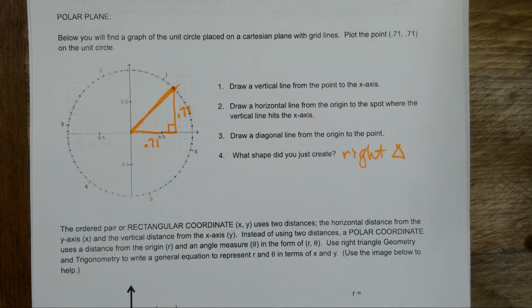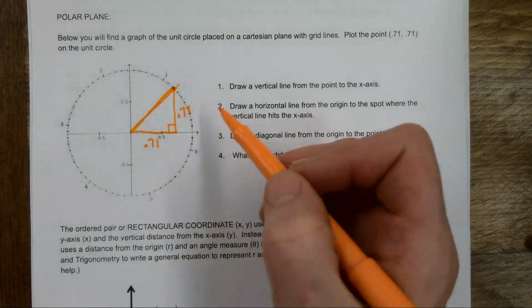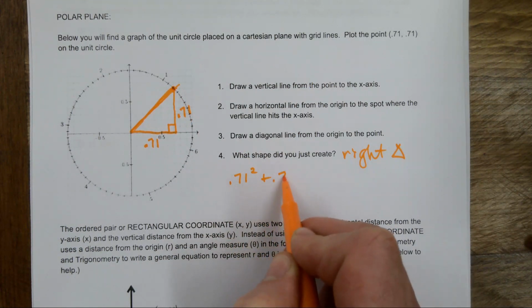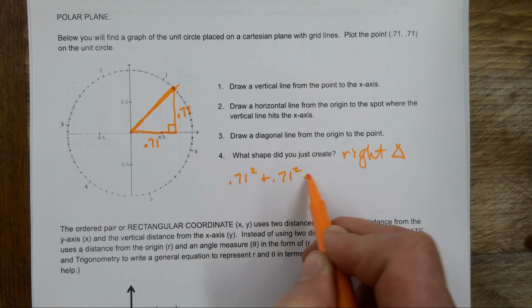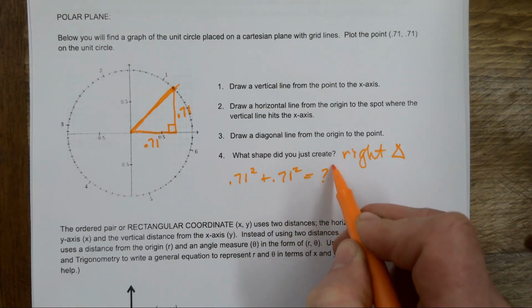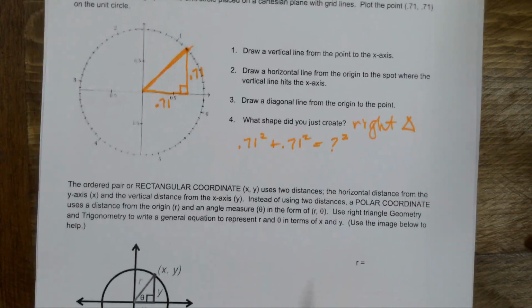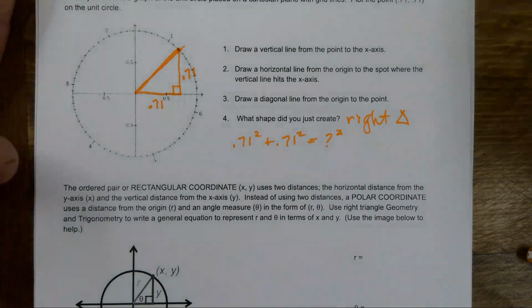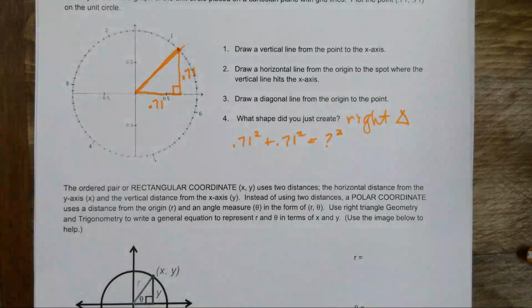Yes? 0.71 squared plus 0.71 squared equals that hypotenuse squared. And when you do all of that work, you plug it in your calculator: 0.71 squared times 0.71 squared.